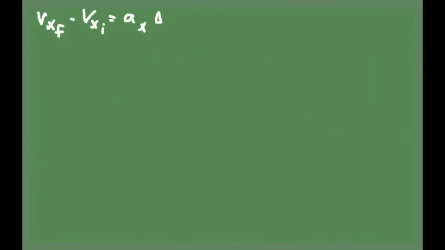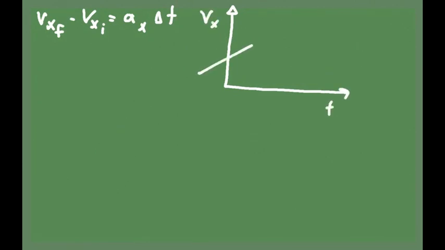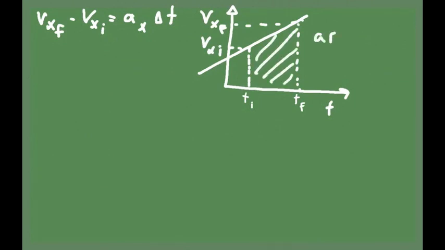Now from the equation for the x component of the velocity, how it changes with time, we know that the velocity is going to change in a linear fashion, and between 2 points, some t initial and some t final, we are interested in finding the displacement of the object in the x direction. We know that the area under the plot of velocity versus time is the displacement.